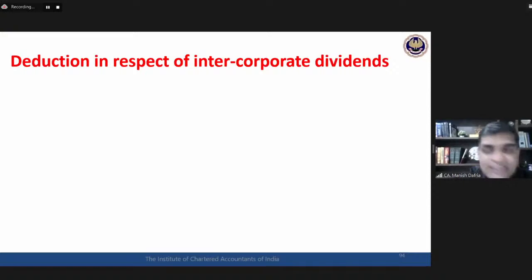In examination, if you have been given a question regarding calculation of income of a company, a P&L account of that company has been given. In the P&L account, on the credit side, there are a number of incomes. One of the incomes is dividend received from another company.